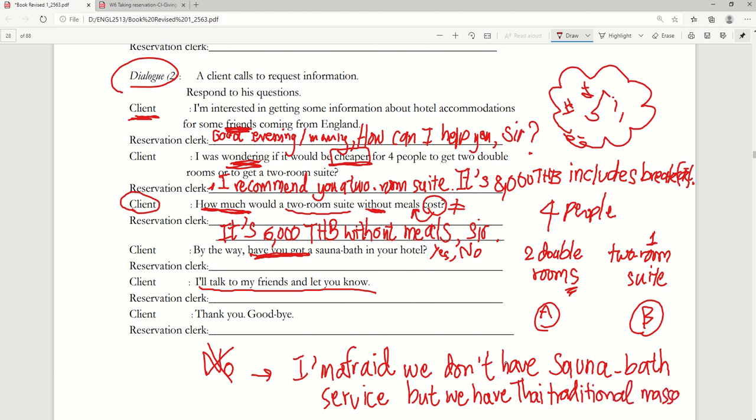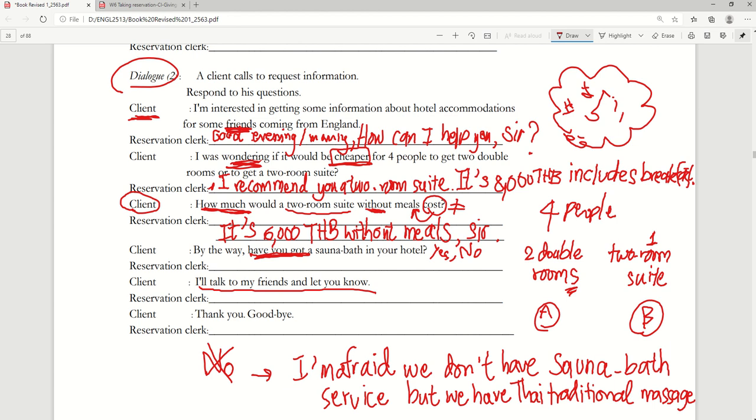It means that you have to offer. Now you have to offer another thing when there is no service provided in the hotel. This is a must. If you say no and then that's it, it is wrong. So when you say no, you have to say another thing.